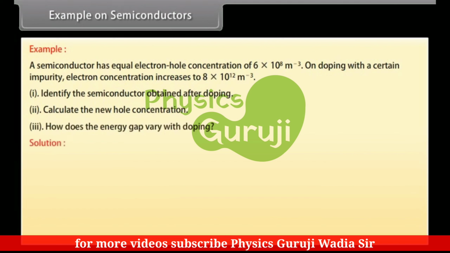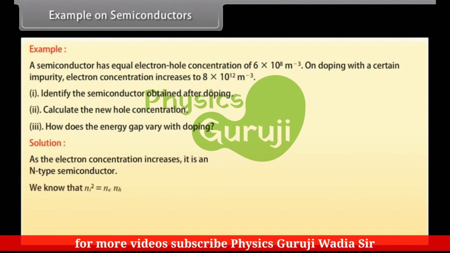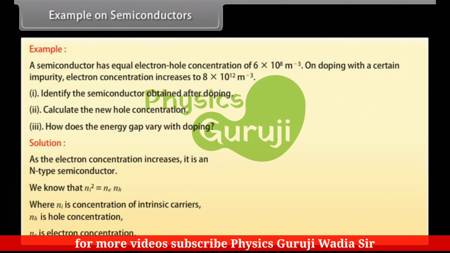Let's see the solution. As the electron concentration increases, it is an N-type semiconductor. We know that Ni square is equal to the product of Ne and NH, where Ni is the concentration of intrinsic carriers, NH is the hole concentration, and Ne is the electron concentration.